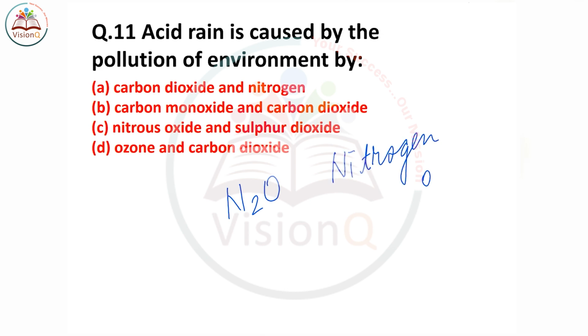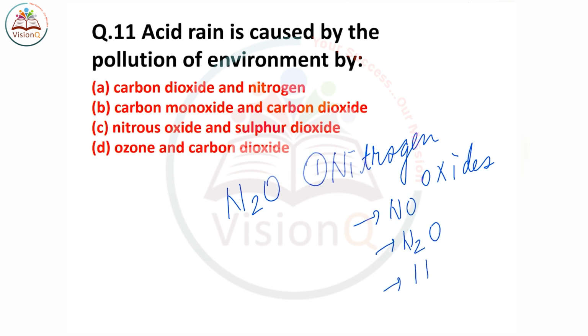Acid rain is caused by nitrogen oxides, compounds consisting of nitrogen and oxygen, just like NO, N2O, nitrogen dioxide, NO2. Now this N2O is known as nitrous oxide, and it has one common name also, which is very important from exam point of view.